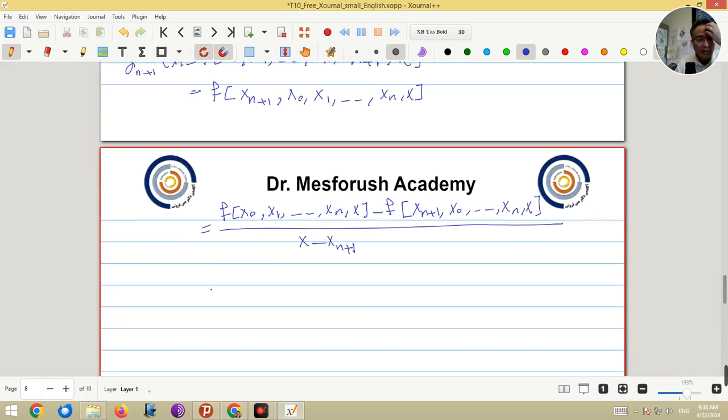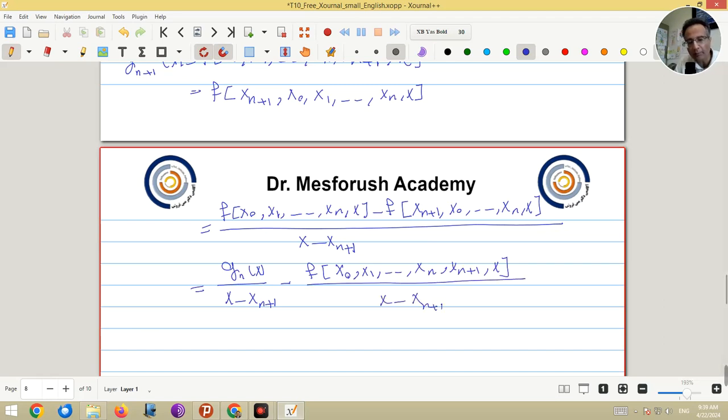Now consider the first term. It was exactly gn(x) over x minus xn+1, and the other one, let me keep it and write it f, again move xn+1 to the end, so it will be f[x0, x1 to xn+1, x] over x minus xn+1.